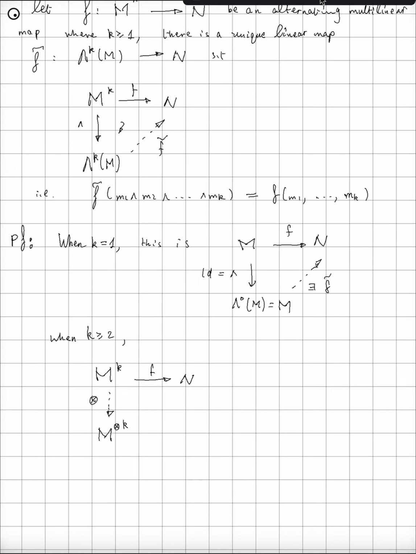This map sends m1, ..., mk to the tensor product; this is the canonical map.